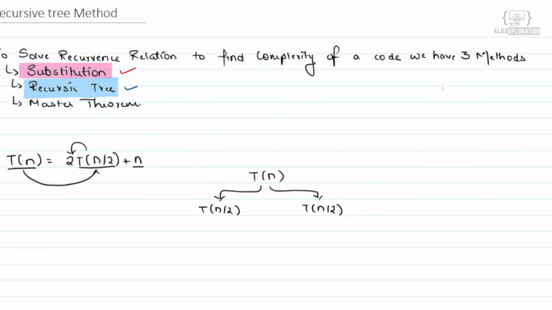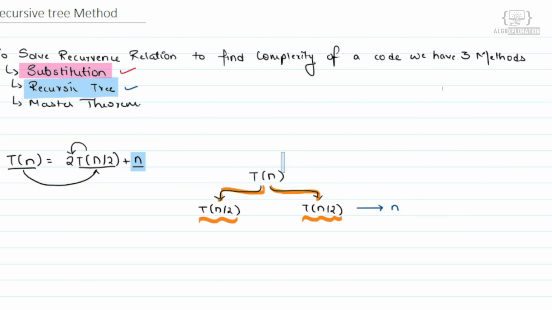Now when T(n/2) is returning the value to its parent, that is T(n), the cost for combining these two results from n/2 and from n/2 is nothing but n. So I hope you got what actually n is.